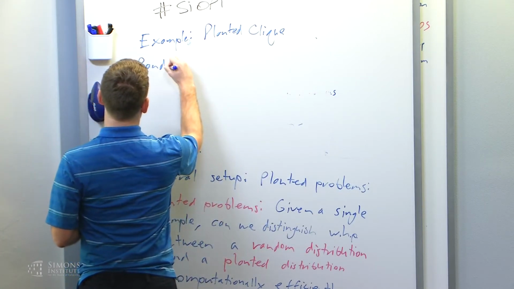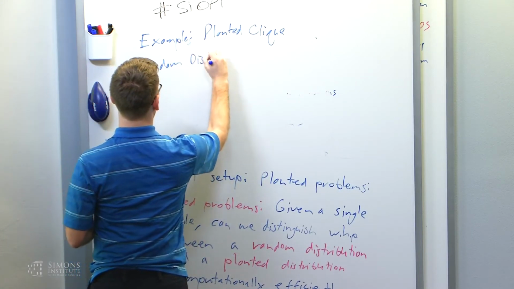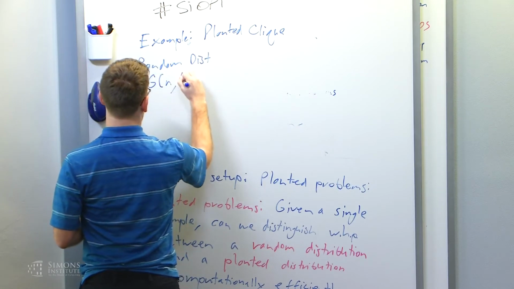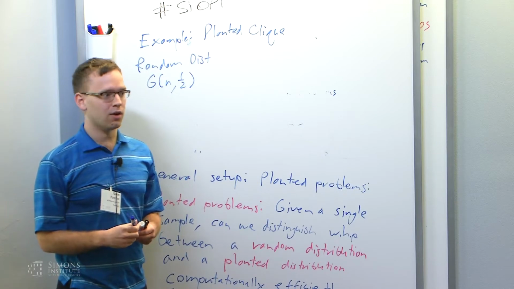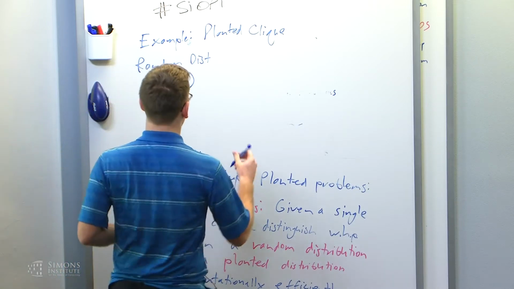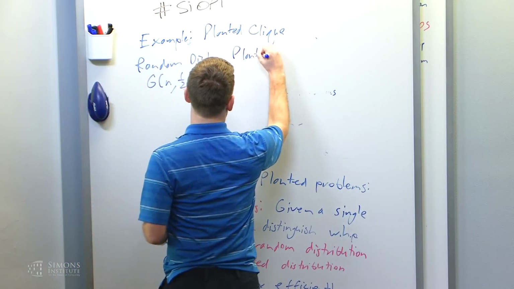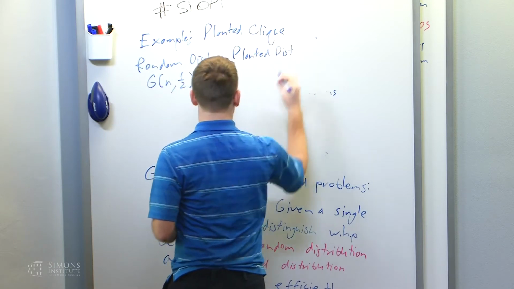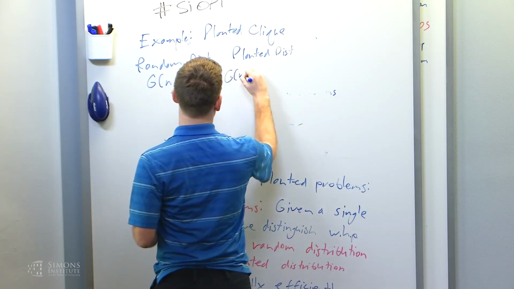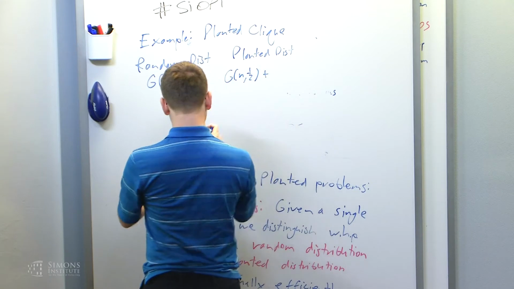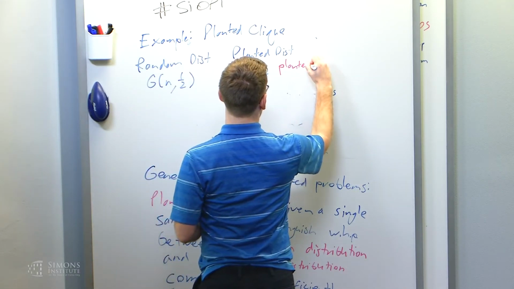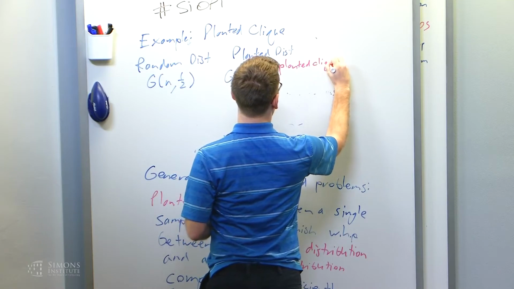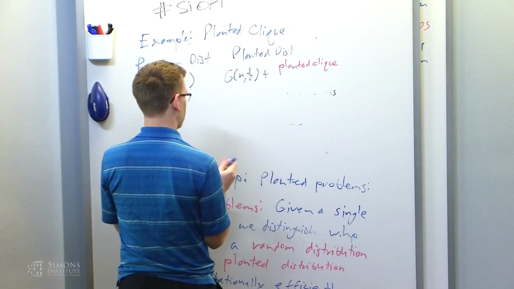So here, for a random distribution, we take G(n, 1/2), just a random graph where each edge is there or not there with probability 1/2. And then for a planted distribution, most of it is still random, but we also have a planted clique.